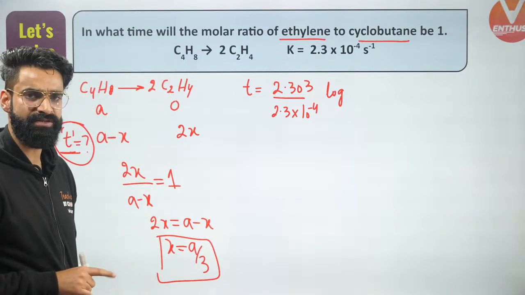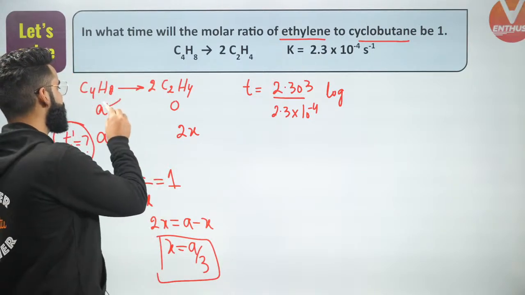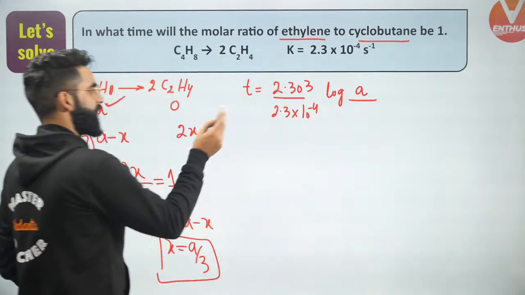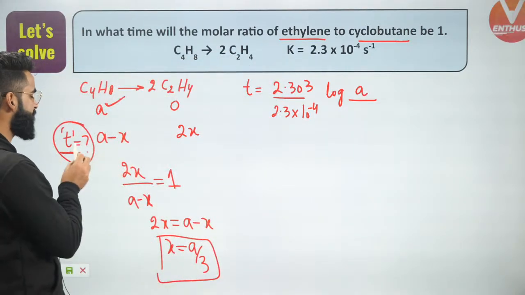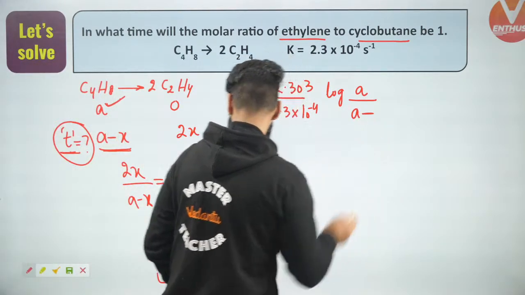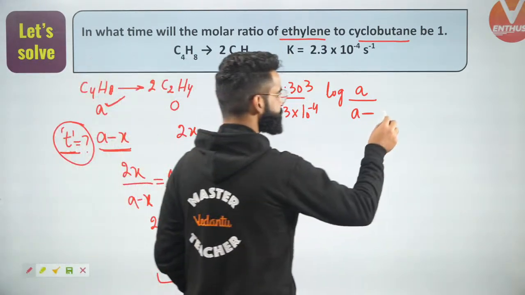A naught was the initial concentration, and instead of concentration I'm directly using moles here. So it is initial moles of reactant divided by moles of reactant left at time t, which is A minus X. I got to know that's 2A by 3.